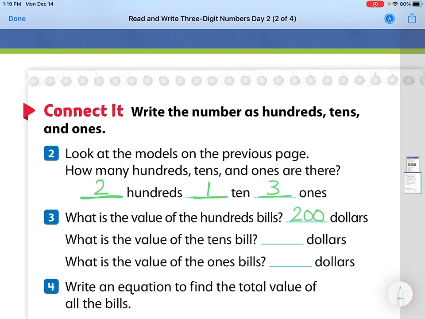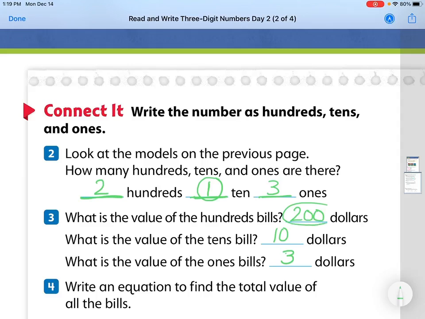What is the value of the tens bill? Well, I only have 1 ten, and I know that 1 ten is a value of 10. So that one is $10. And the last one is, what is the value of the ones bills? If I have 3 one-dollar bills, I have $3.